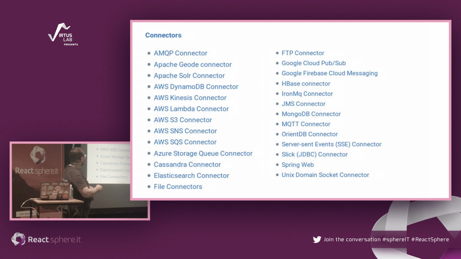So you see there's a lot of connectors. It does AWS S3, it does Cassandra, JMS, MongoDB, a lot of things, file integration. It also has a Kafka connector, which is very well known.